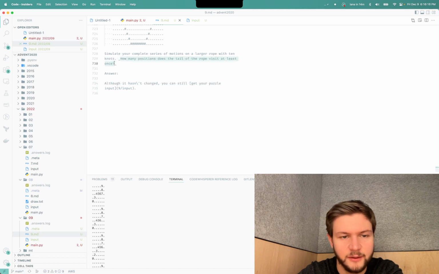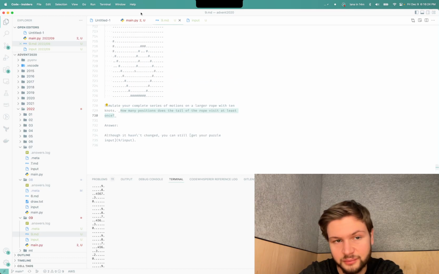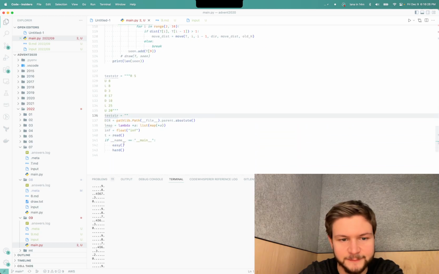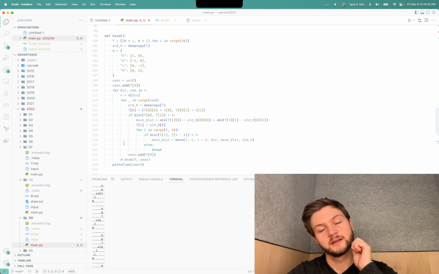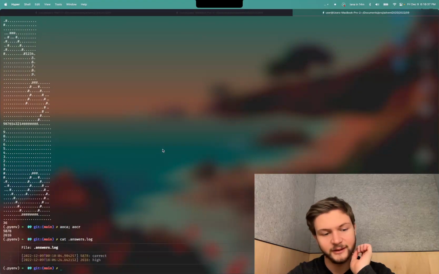I am answering the right question. Yeah, full stop. I don't know. This has been a very infuriating day. Not my entire day, but doing this puzzle today has been extremely infuriating.